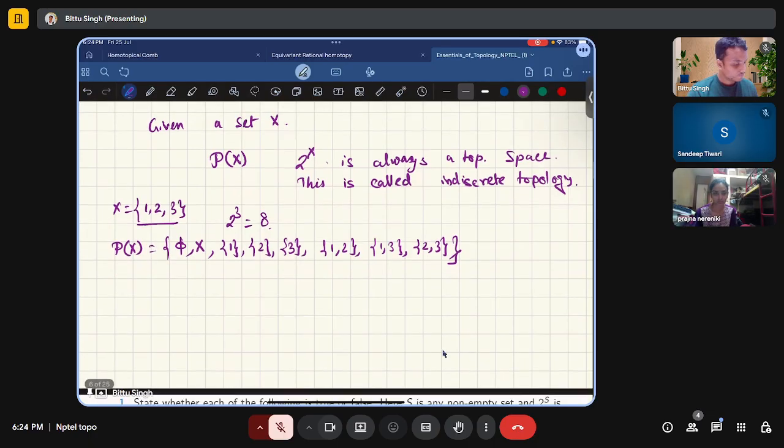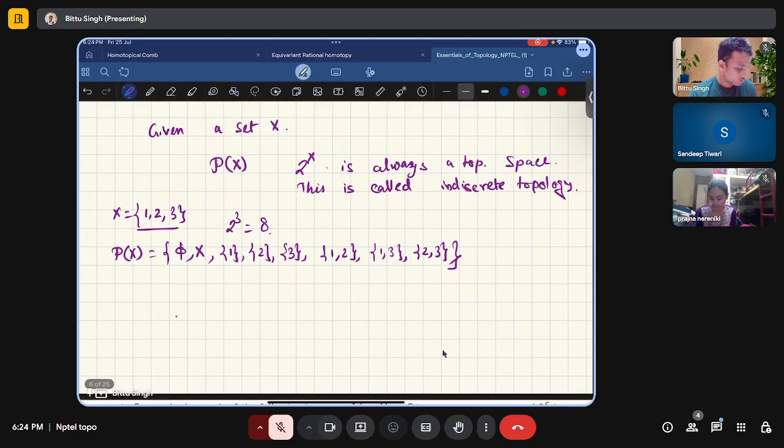And similarly, there is another choice. Take empty and X. This is always a topology, because the union of those two things will be X and the intersection is empty.